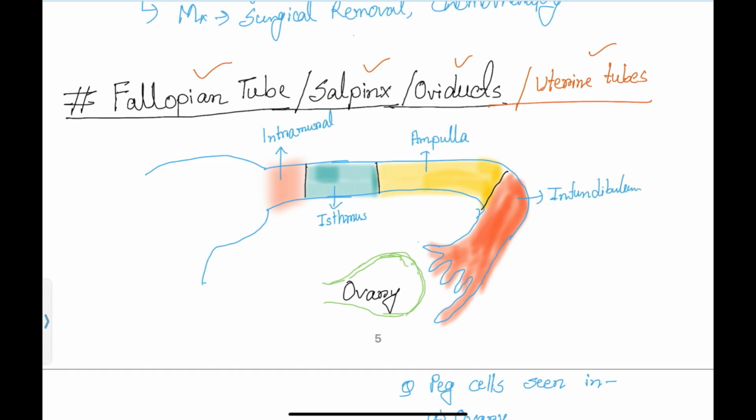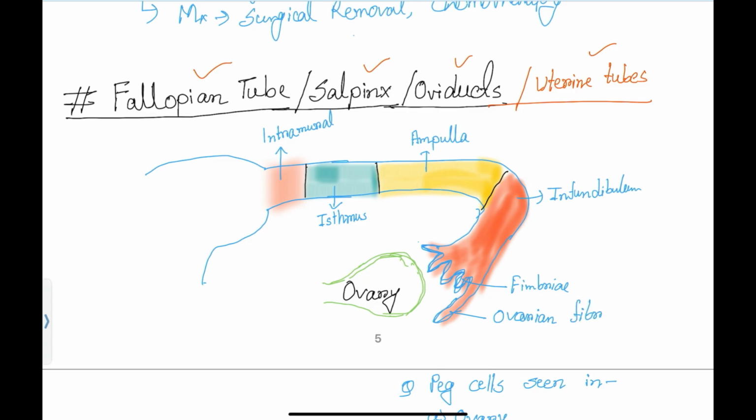In your infundibulum there are fimbriae, small finger-like projections. What do we call them? We call them fimbriae. Apart from these small projections, there is one long projection, and this is called the ovarian fimbria. Why is it called the ovarian fimbria?